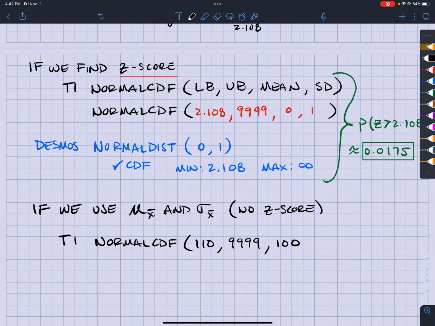So this was the mu of x bar, comma, the standard deviation of x bar, which was 15 divided by the square root of 10.